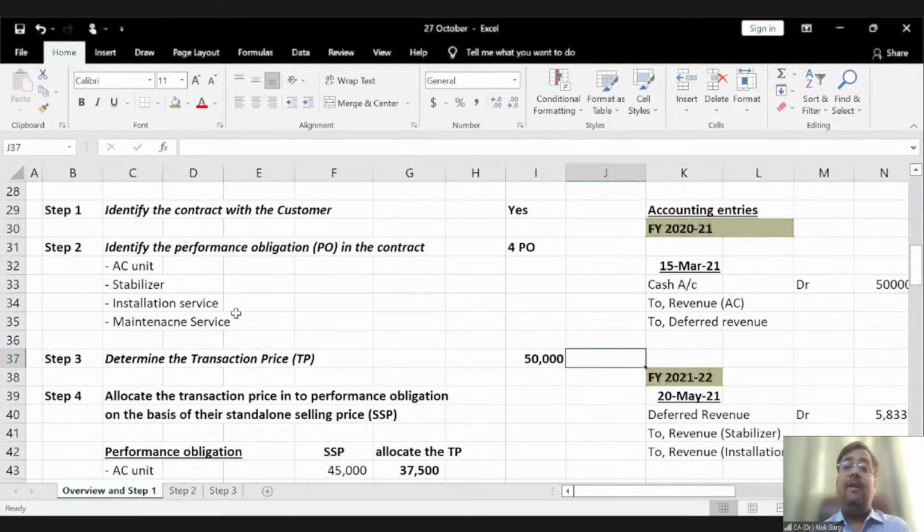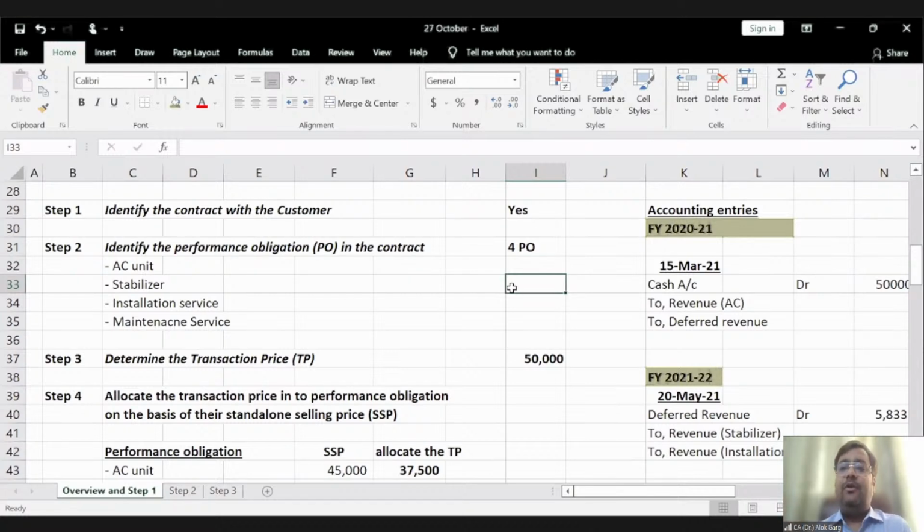And friends, the problem will arise in the determination of transaction price when there is a variable consideration. In case of FMCG business, for example, Big Bazaar is entering into a contract, or let's say there are a lot of retail chain outlets.